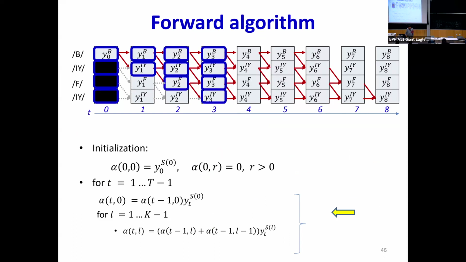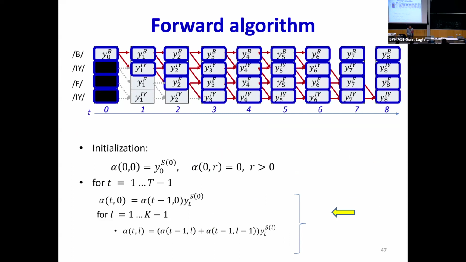And I can use those to compute the alphas at time 3 and so on, until I've computed the alphas for the entire graph. So I'm going from the beginning to the end. I have to start off at time 0 and work my way forward till I've computed the alphas for every node in the graph. But I'm going left to right, so this is a forward propagation of probabilities, which is why we call it the forward probability. But the general algorithm makes sense to all of you, right? And you should be able to code it up.